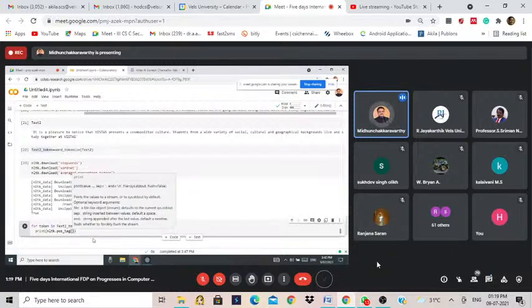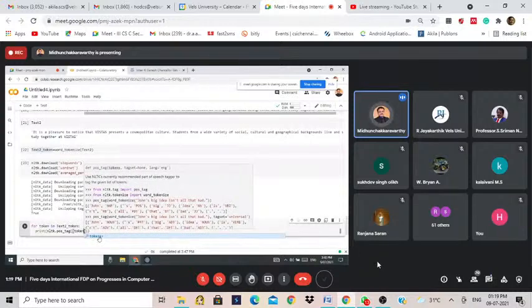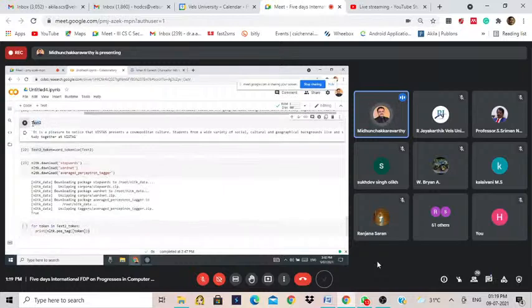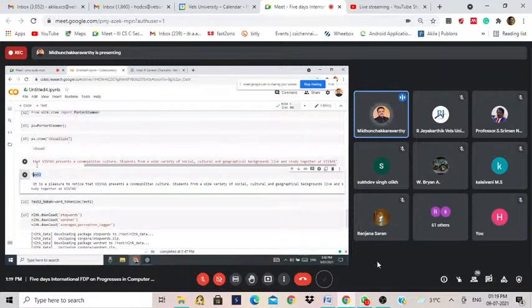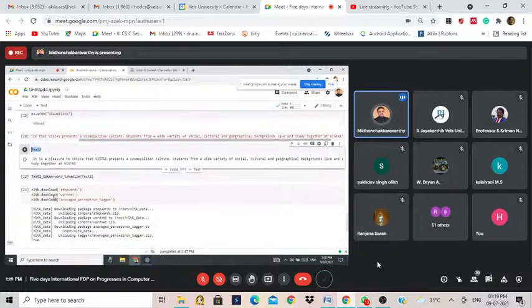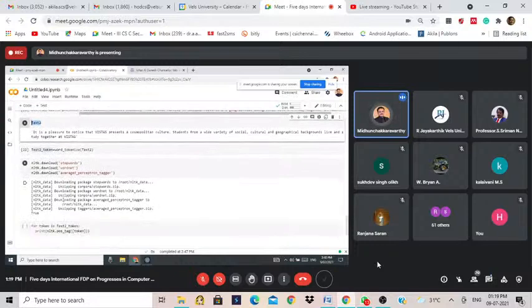So I just go with token, and the tokens will be displayed. This is just a print function, which means that I'm going to tag the words here. I will show again. I have created a variable here, and I have displayed the variable, and I have tokenized. Again, I did the tokenization, and then straight away I move on.